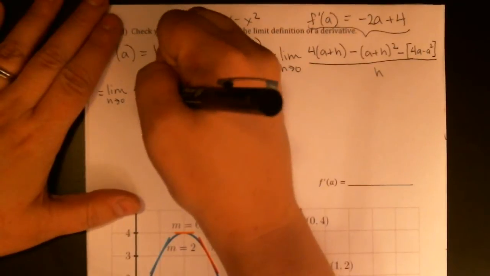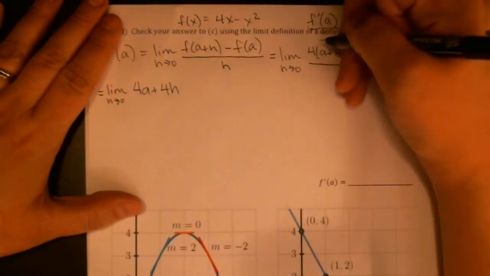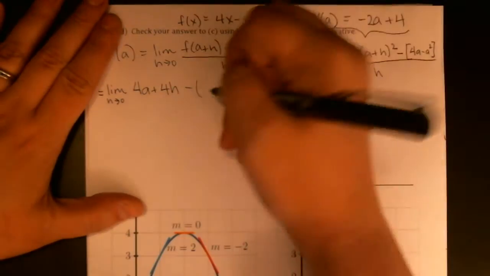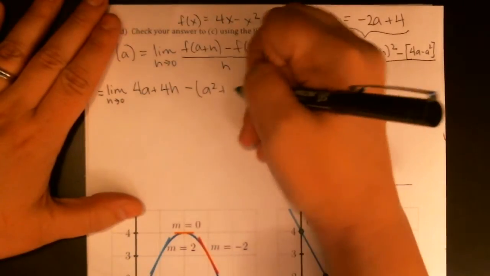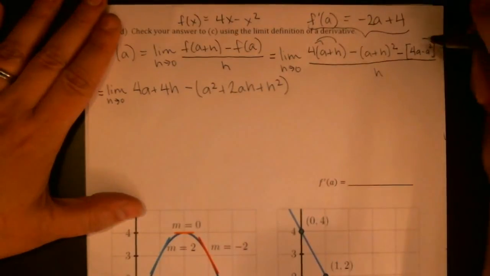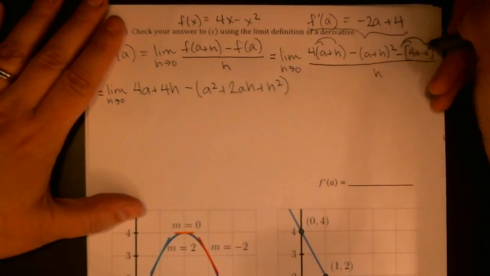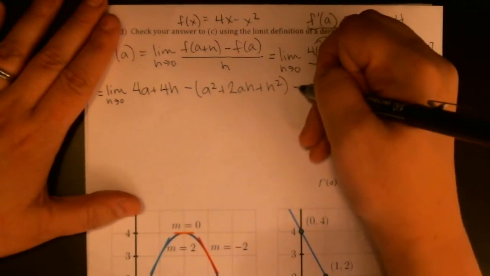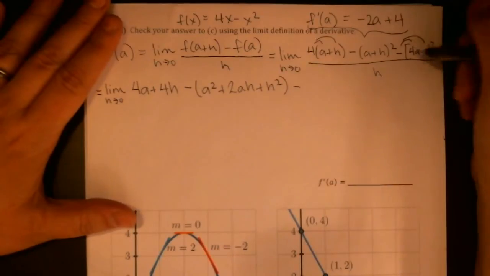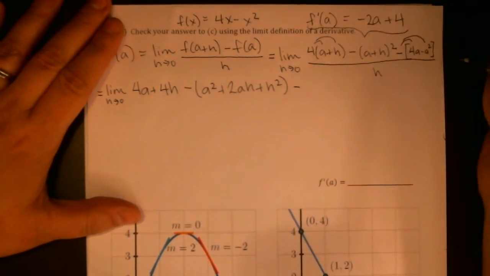Okay, so I have a 4a plus 4h distributing just like before, and then I'm going to FOIL. That'll give me an a squared plus 2ah plus h squared. And then here I'm going to go ahead and distribute the negative sign. That's a new step because before we had just, at least I had just in my head, figured out the value of f of a.